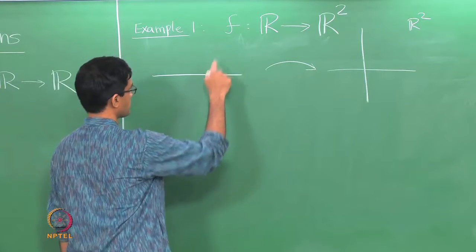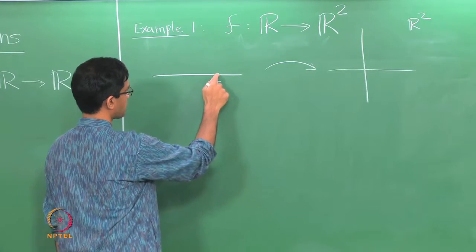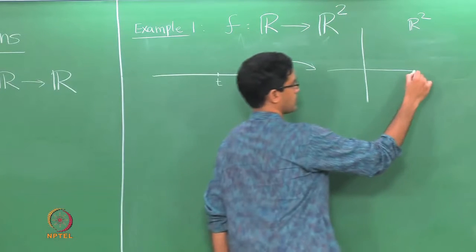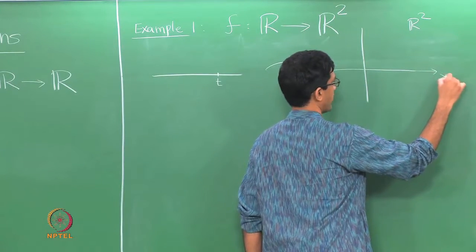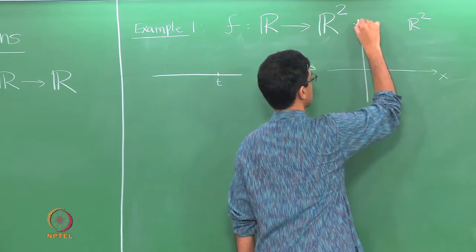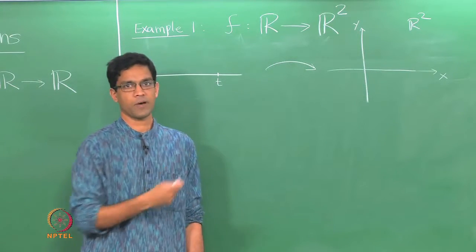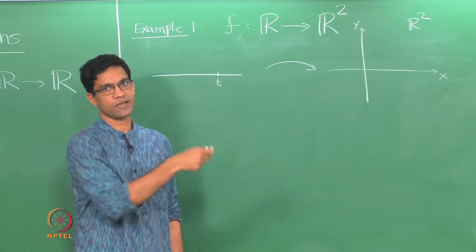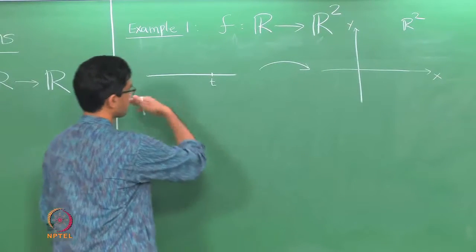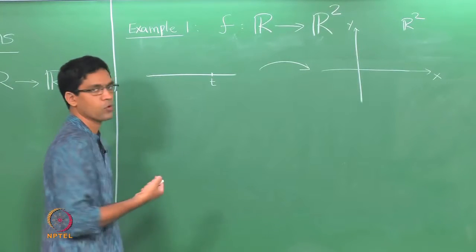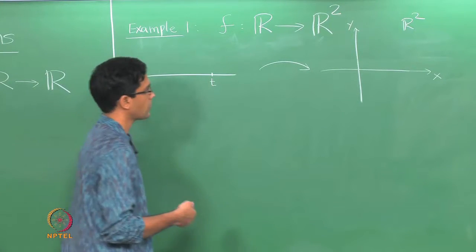For each value of time the function gives you a certain position on the plane. So this is the x axis and the y axis, and you should think of this function as describing the motion of a particle on the plane as time varies from say -infinity to infinity, or maybe only on some interval, say time going from 0 to 1.